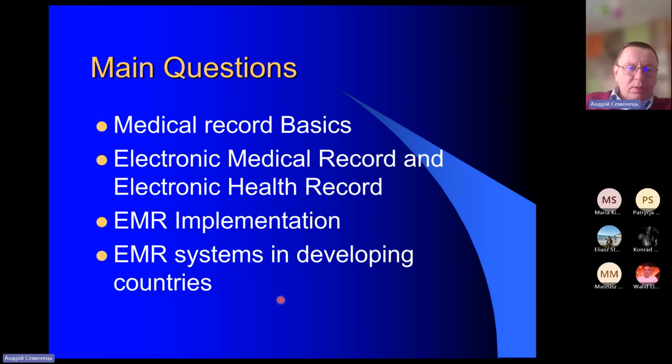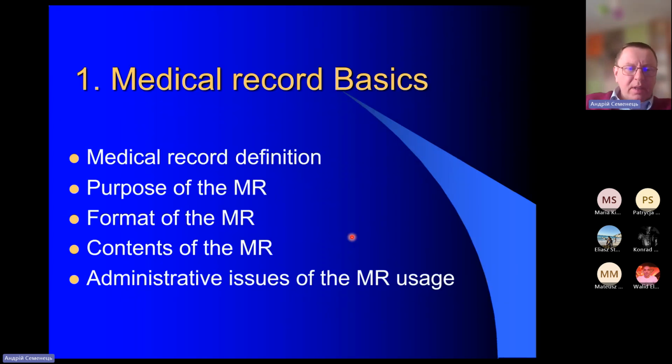Of course, we need to get back to understanding medical record basics, definitions of EMR/EHR, and implementation and interoperability questions. That's the point I will emphasize more today.